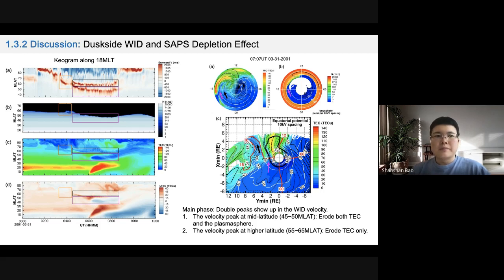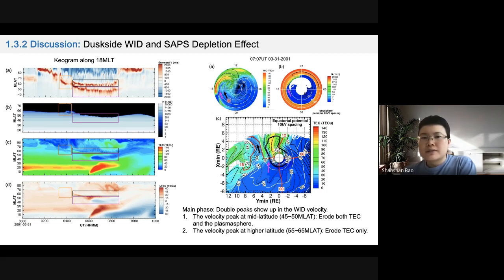So we take a snapshot of this TEC profile as well as a density profile in the ionosphere and the equatorial plane. We can see the purple arrow corresponds to the purple box, and the black arrow corresponds to the black box.